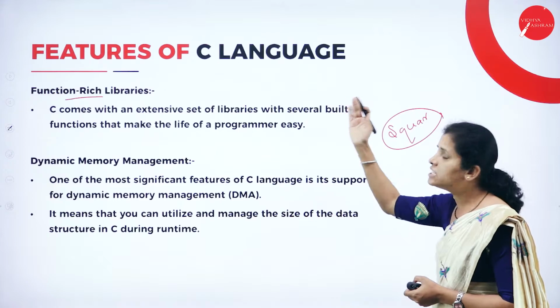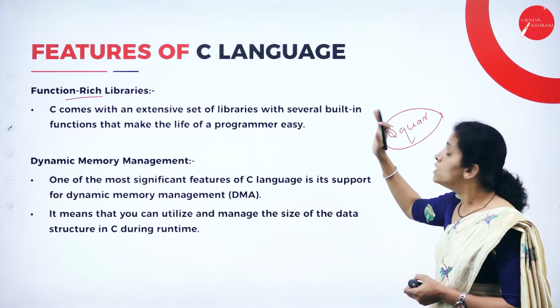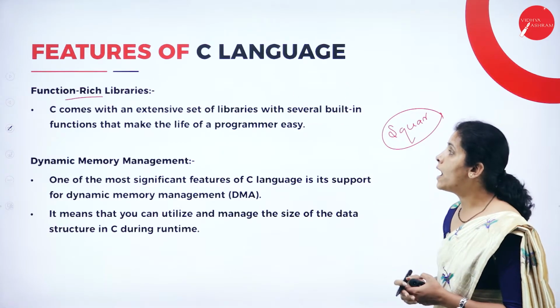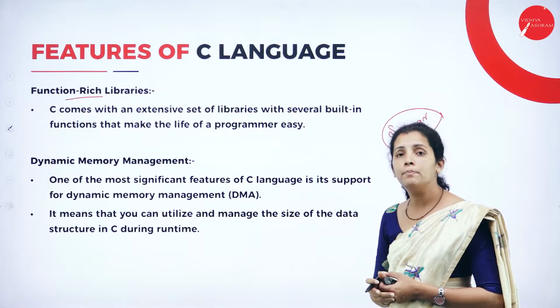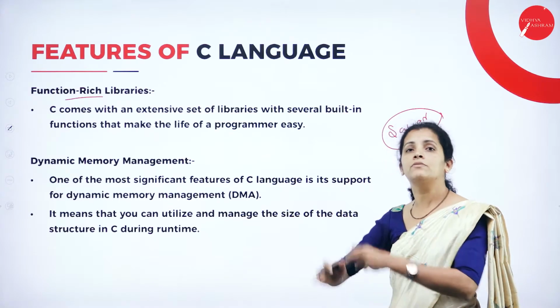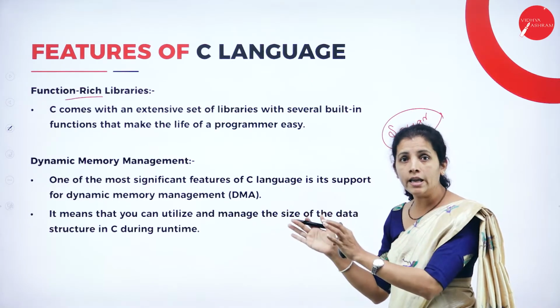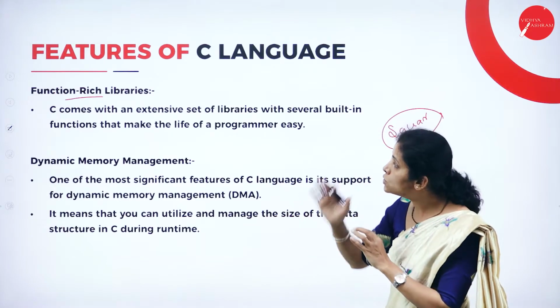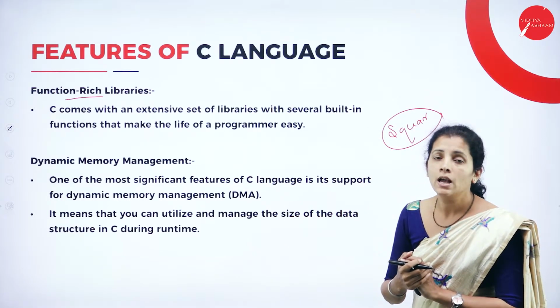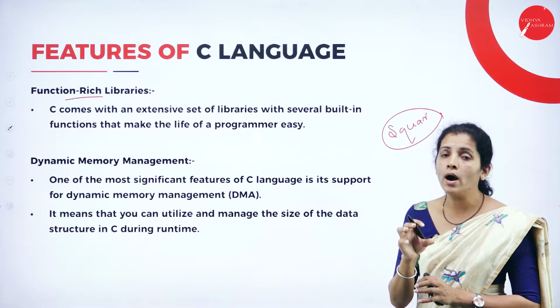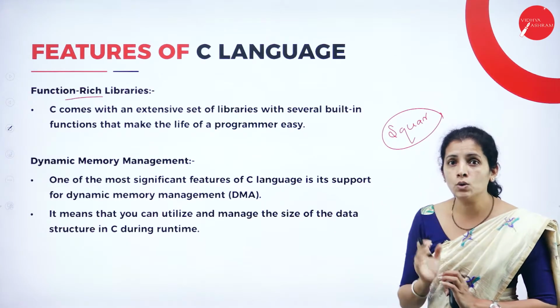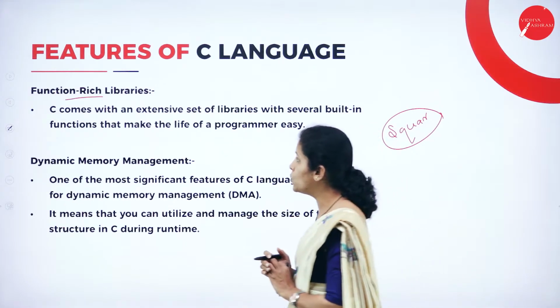Now, for each and every line, there is no need to write code, because C provides a rich set of library functions. That means some of the functions are already written by someone and stored in the library. Whenever I require those functions, I just include them in my program.